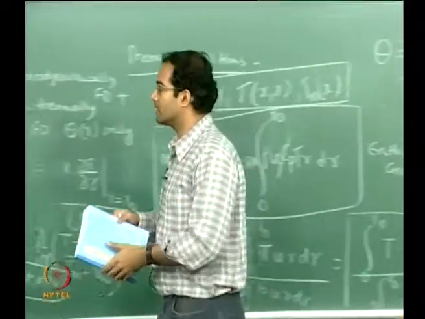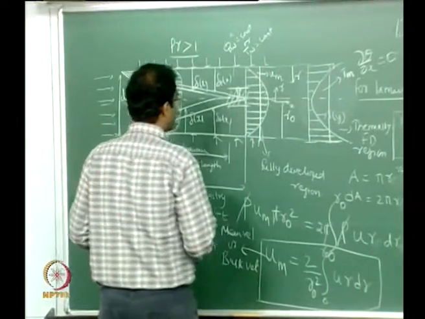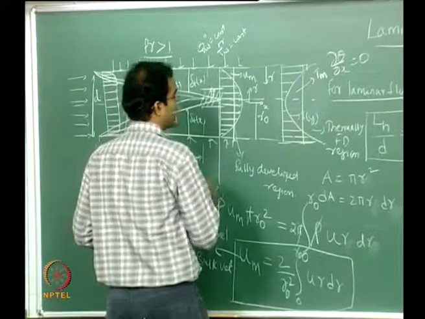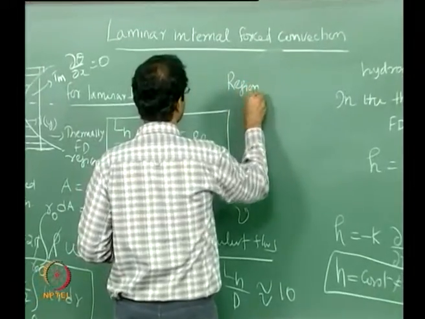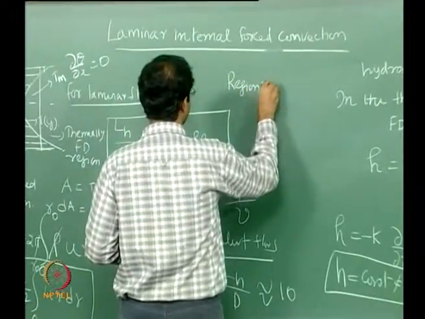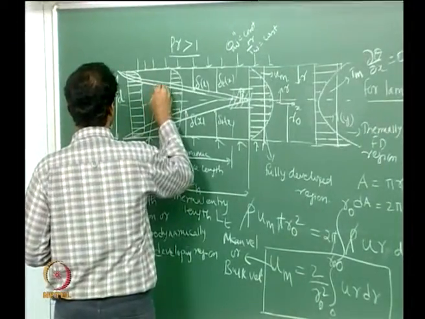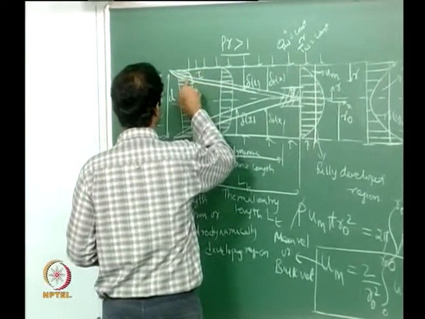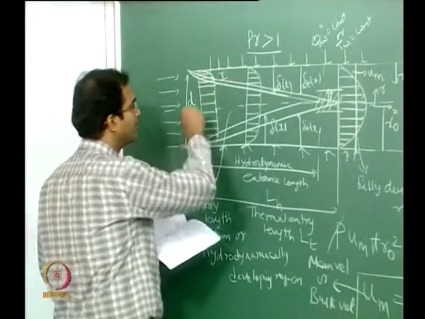In the next 9 hours or so, we will focus on 3 regions. So first we will look at what is called region 3. Let me identify this. This is region 1 right here, where your velocity hydrodynamically is growing and also your thermal boundary layer is growing.